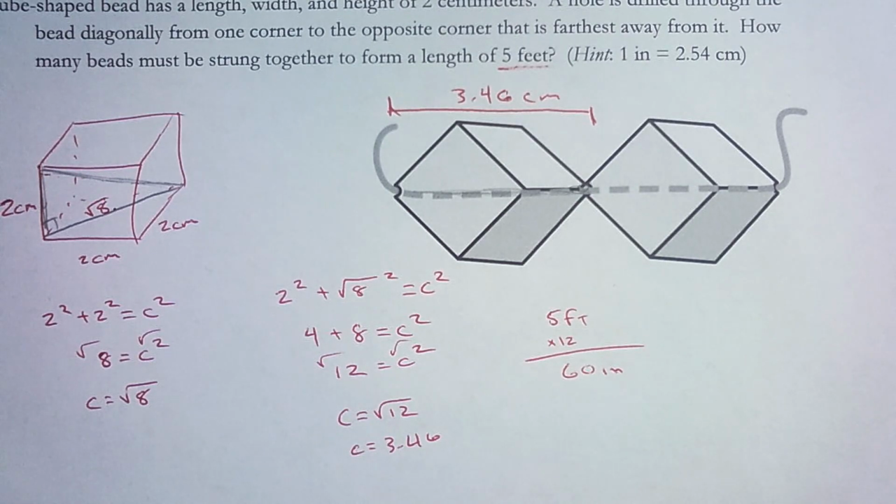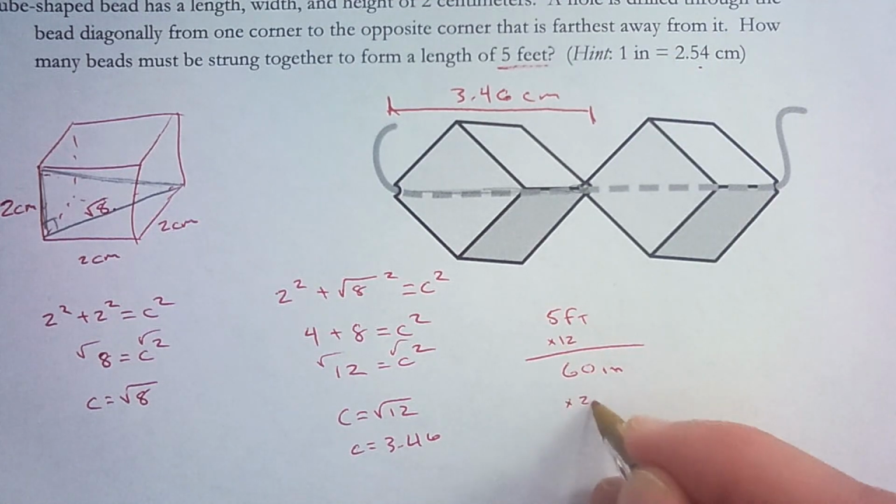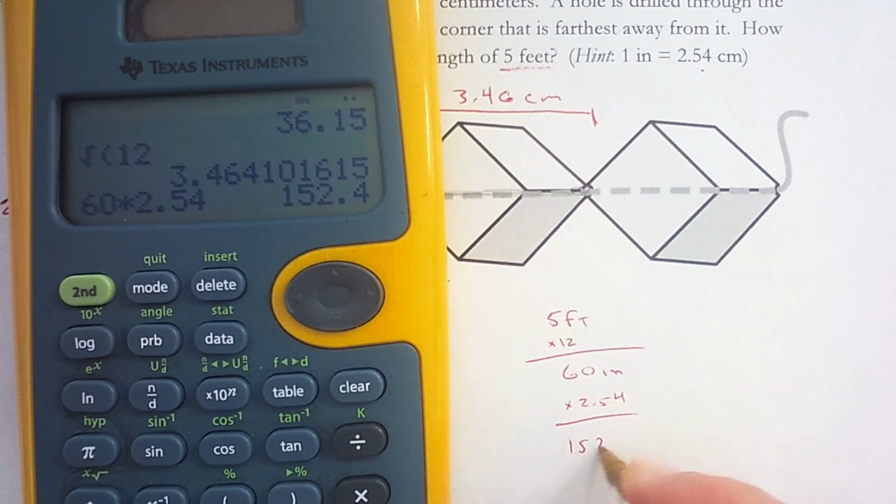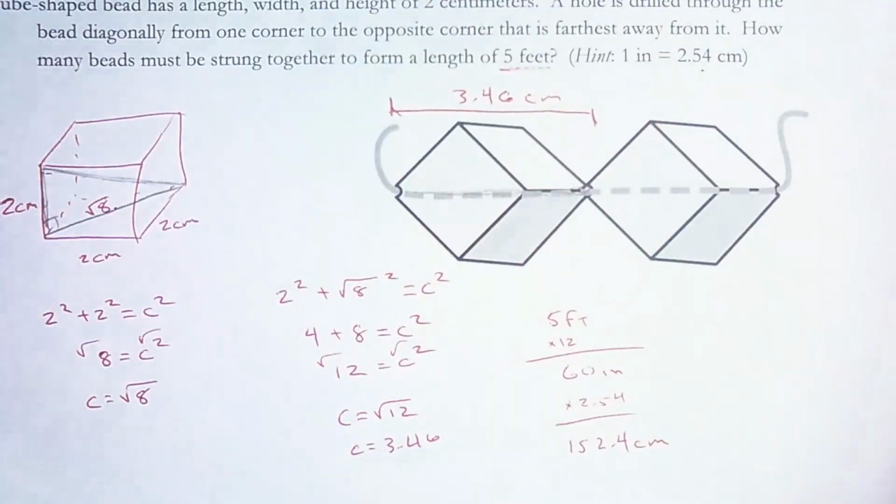Now how many centimeters is that? 1 inch is 2.54 centimeters, so 60 times 2.54 is 152.4 centimeters. So what I need to cover in this length of 5 feet is actually 152.4 centimeters.